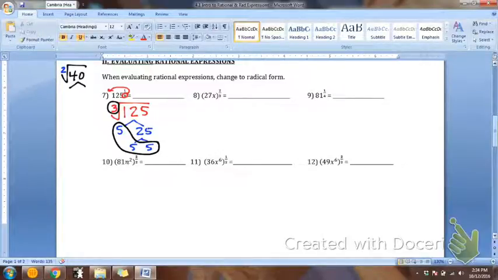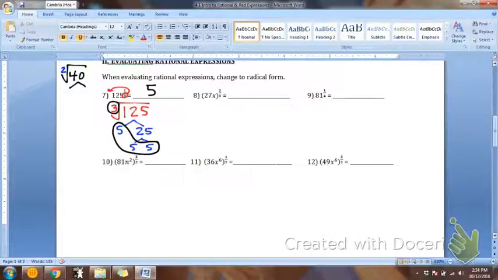For every group, we only write it how many times? Once. So I have one group of 5, so I'm only going to write 5 as my answer. Whatever the root is, that's how many things need to be in your group.